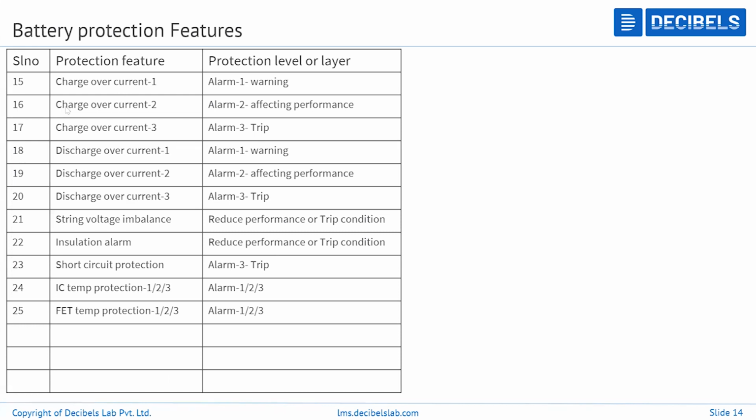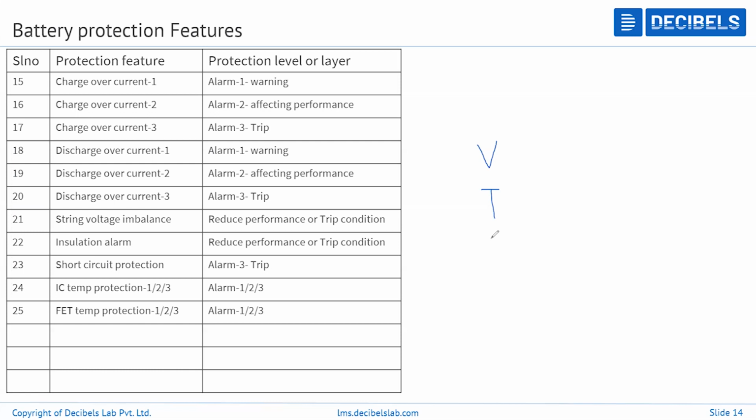Next, the charge over current and discharge over current. In the previous features we went through voltage protection, that is under voltage, over voltage, different levels for cell level and pack level, and also the temperature.